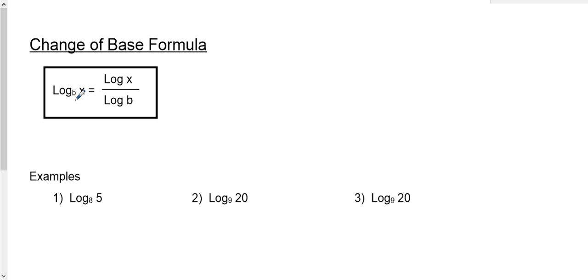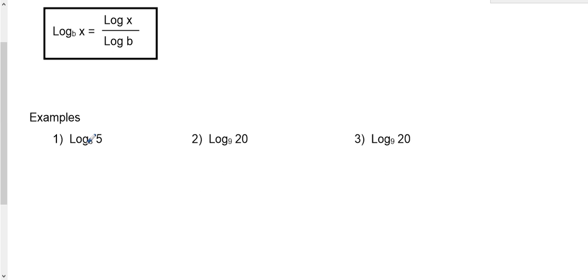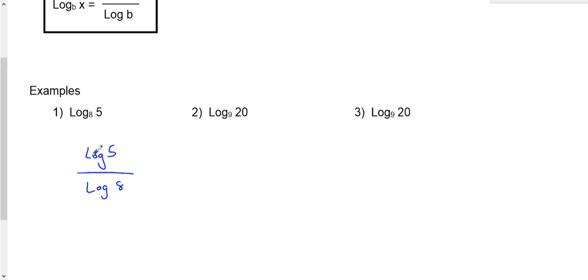So if you think about how the x is at a higher level than the base of b, we want the x on the top and the b on the bottom. Okay, so here we have the 5 is the large value, so it's log of 5 over log of 8, and you can do that on your calculator. Log of 5 divided by log of 8, and you will get a value approximately equal to 0.774.